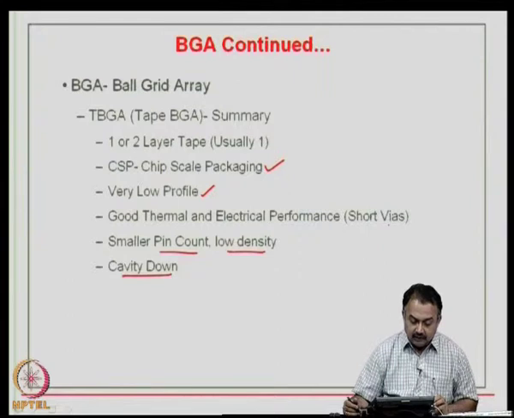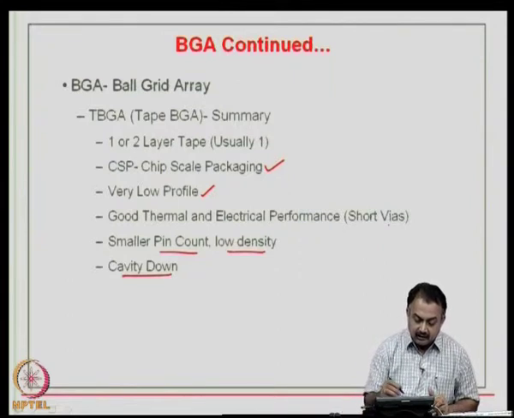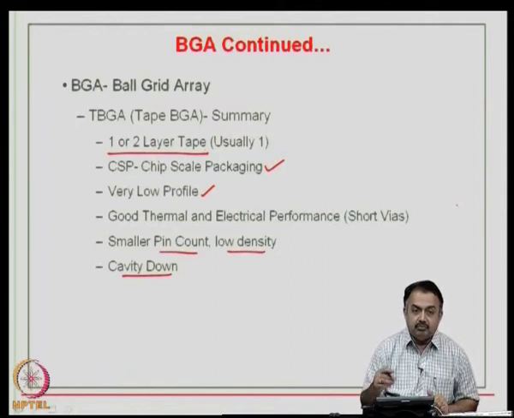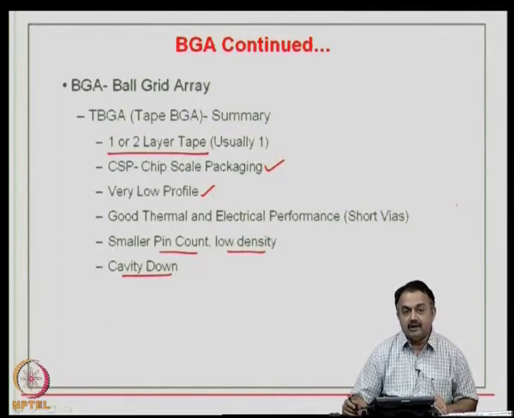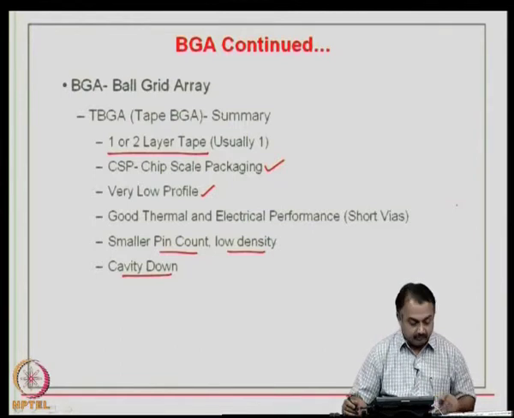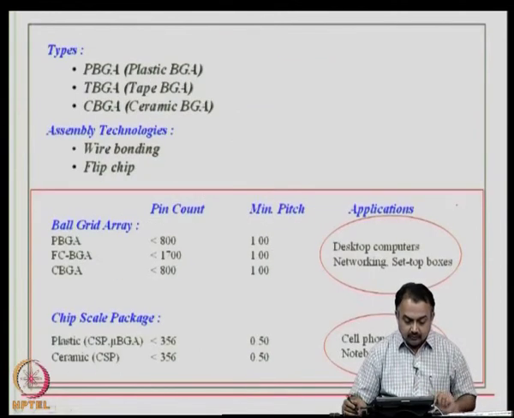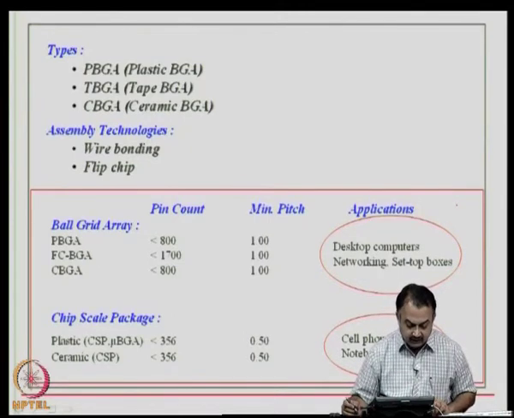So, the interconnects can come in a 1 or a 2 layer tape, and it is easy to build the ball grid around this, including the interconnection to the die. So, as a summary, we will see that there are 3 types: plastic ball grid array, tape ball grid array and ceramic ball grid array.